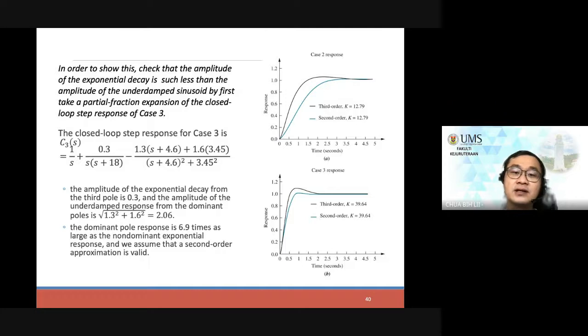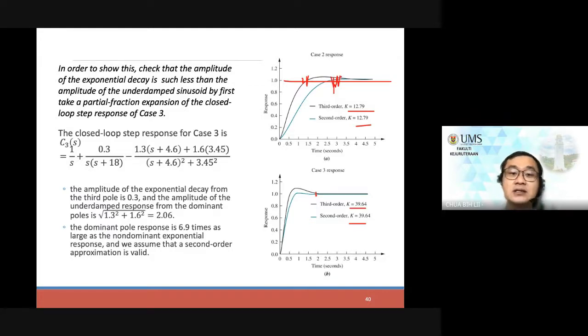We realize that at k equals 12.79, they are far away. But when we are using k equals 39.64, they are much closer, and the settling time is also very close. This one, probably the settling time, you can see that this one already maybe settles over here, this one settles over here.